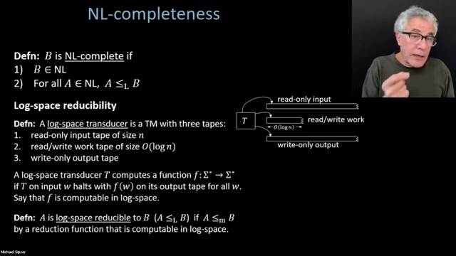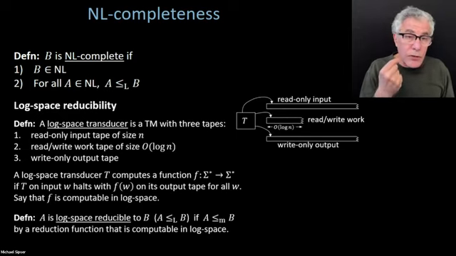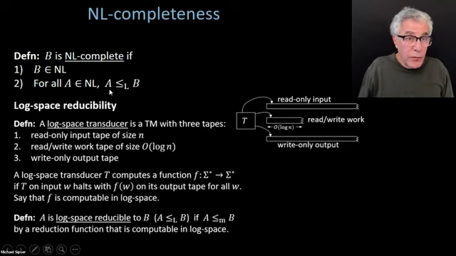Otherwise, if we had a polynomial time reduction mapping problems in NL to other problems in NL, the reduction itself would be able to solve the problem.